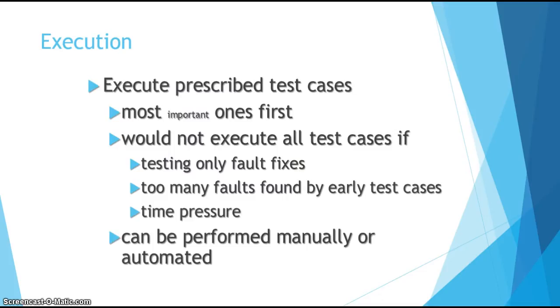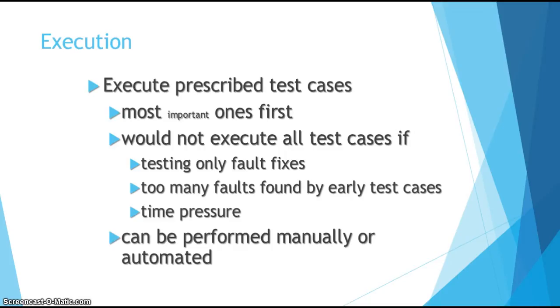Test execution, right? Now you execute the test cases which have been defined for that release. You will always execute the most important ones first, and you can either do it manually or through an automation tool like UFT or Selenium, etc. You would not execute all test cases if you are testing a defect fix, or if there is time pressure and you have to deliver a specific build in a very short amount of time.